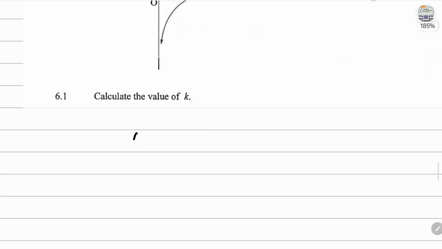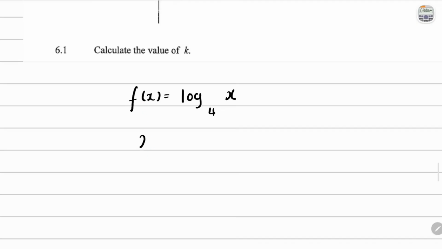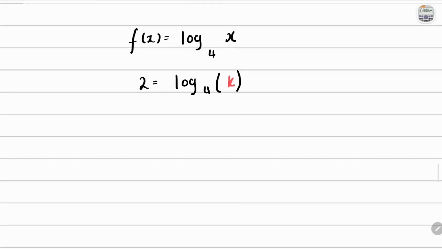So we're simply saying f of x is equal to log x base 4. In place of f of x, we're going to substitute the y value of 2, and in place of x, we're going to substitute k. How do we solve for k? You can put it back in exponential form.